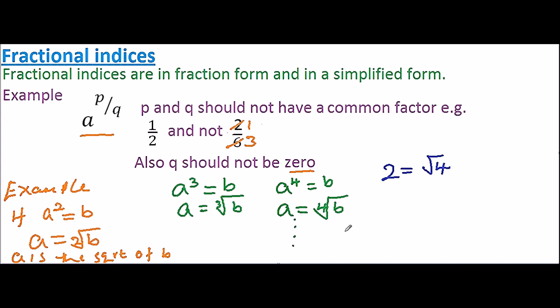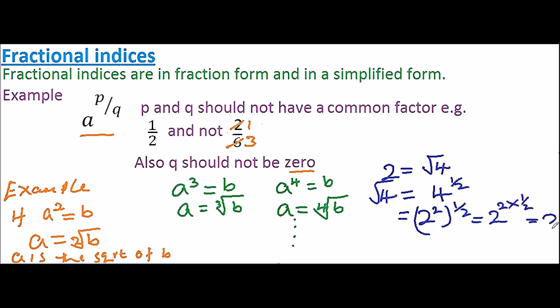What this means is that the square root of 4 is equal to 4 to the power of a half. Then we can apply the third law of indices and say this is equal to 2 squared to the power of a half, which is equal to 2 multiplied by a half, and that should give us 2.